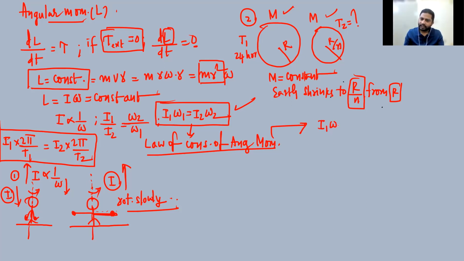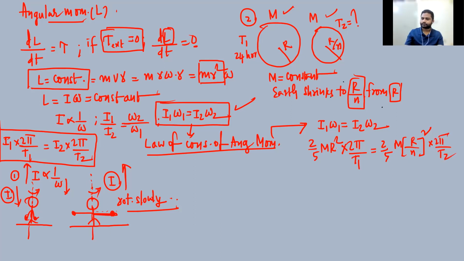So I1 omega 1 is equal to I2 omega 2. First case, moment of inertia of the solid sphere is 2 by 5 m R square, into omega 1, which is 2 pi by the first time period, equal to I2. In the second case, the moment of inertia is 2 by 5 m into r, where R becomes R by n, whole square, into 2 pi by T2.